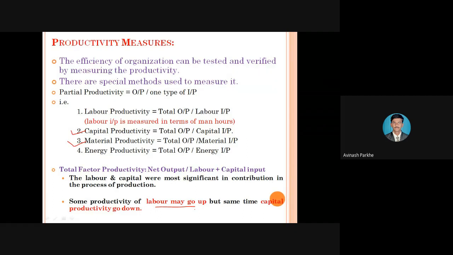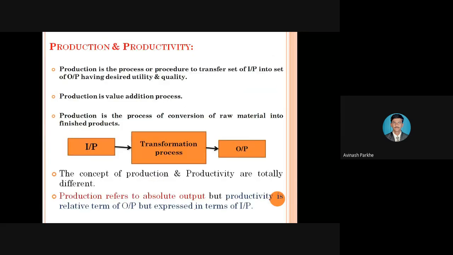If we provide skilled operators, your capital investment can increase, because we have to give a higher salary to the skilled operator as compared to the unskilled operator. Therefore labor and capital play a very important role in the input parameters. But sometimes your labor productivity can increase, and on the other side your capital productivity can decrease. That also we discussed in the last lecture.